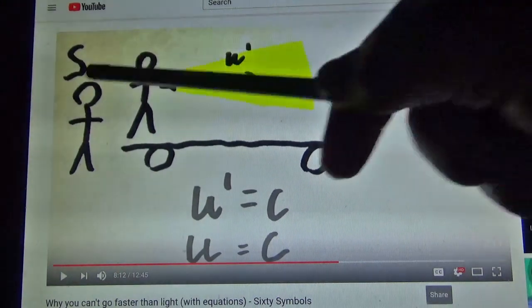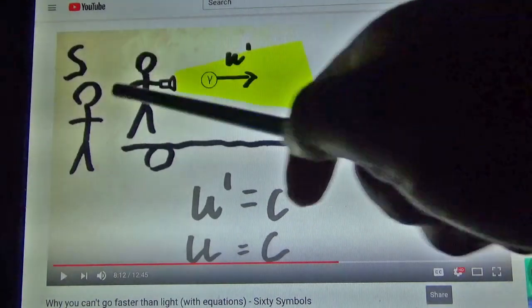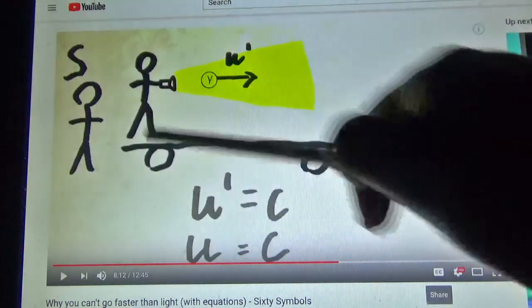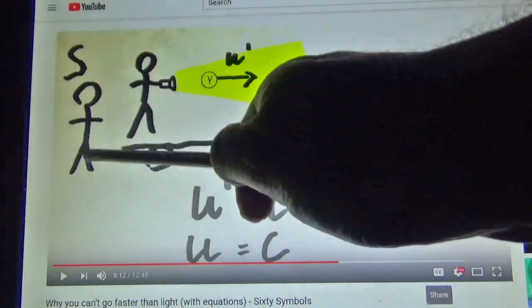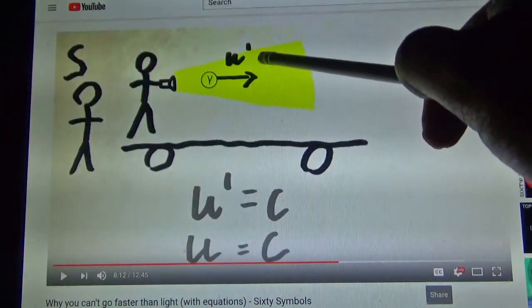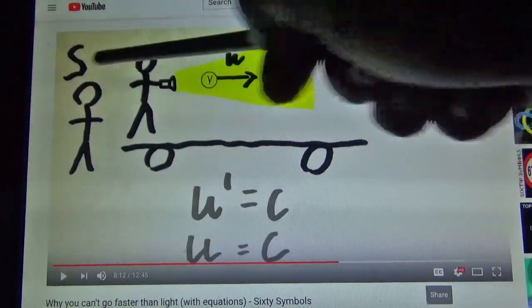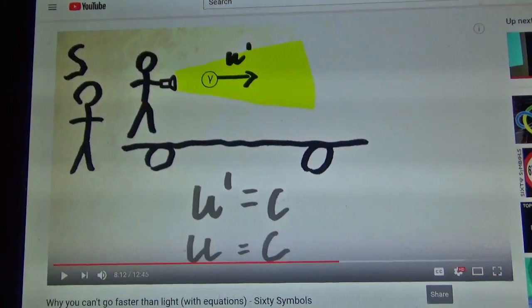And the person's saying, well, you got the speed of light c here, but I can see that you're moving with a certain velocity, and so relative to me, that speed which you're saying is c is not c. It's a different thing.